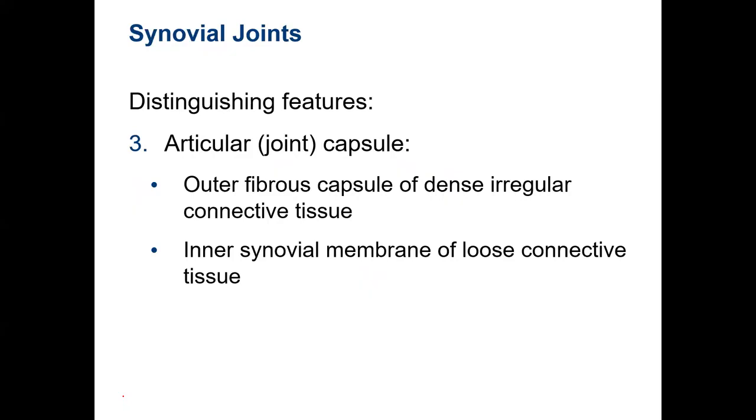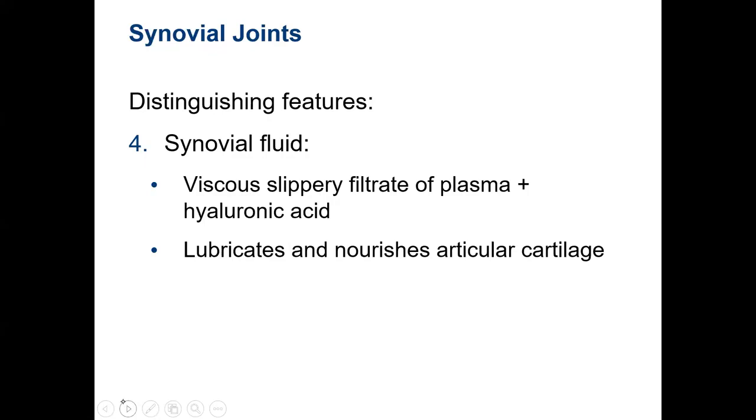Surrounding that potential space is the joint capsule, or the articular capsule. This is dense irregular connective tissue on the outside and loose connective tissue on the inside. And inside that, you've got fluid, synovial fluid. Cartilage is avascular. This is going to help carry nutrients to cartilage, and it's going to help lubricate the joint.